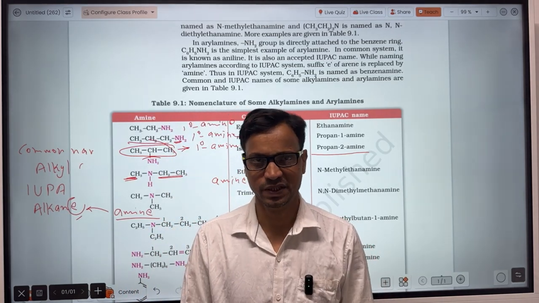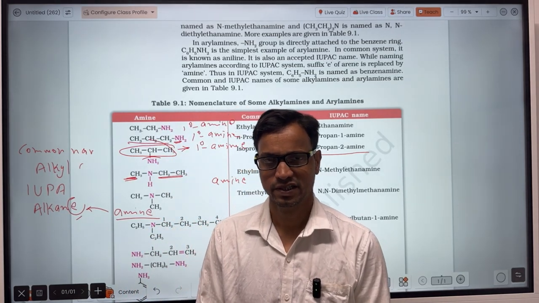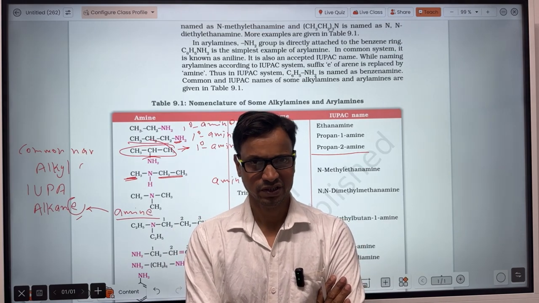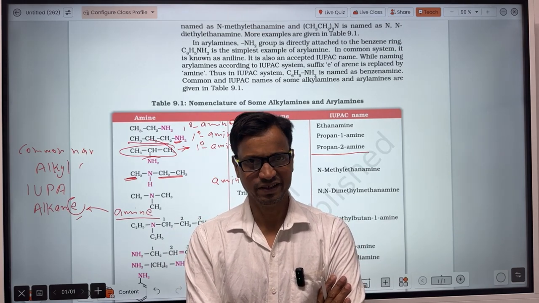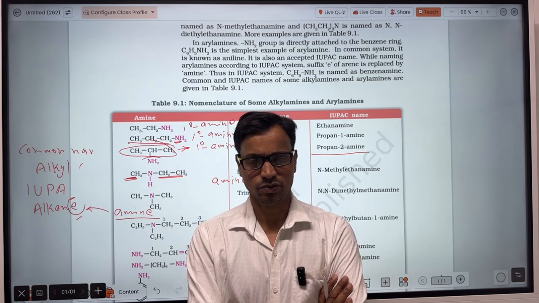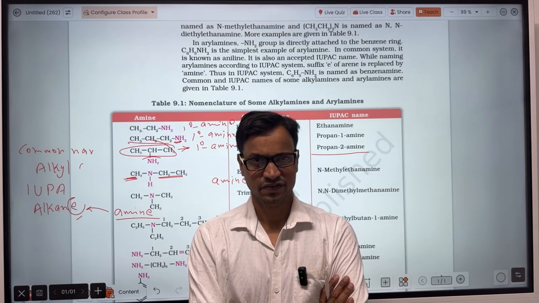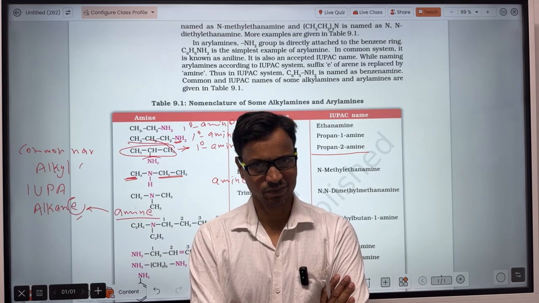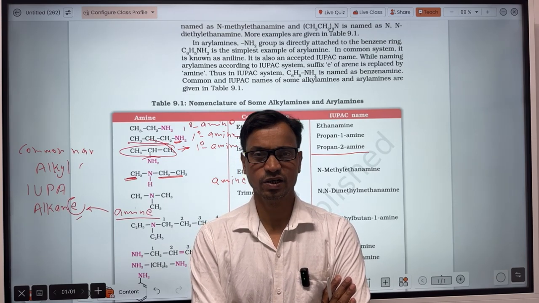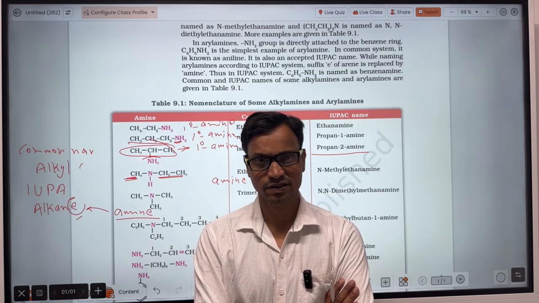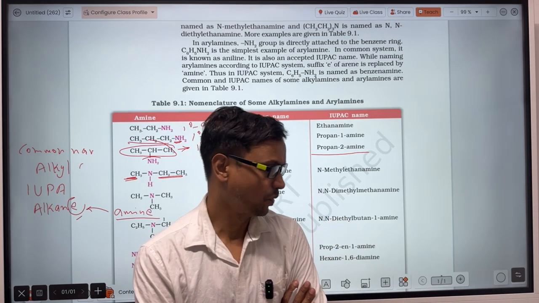If two alkyl groups are bonded to a nitrogen, then that amine is classified as a secondary amine, and to write its IUPAC name, the alkyl group having smaller length will be considered as the substituent and the alkyl group having the longest carbon chain will act as the parent chain.